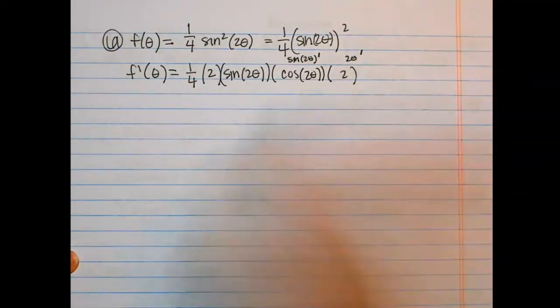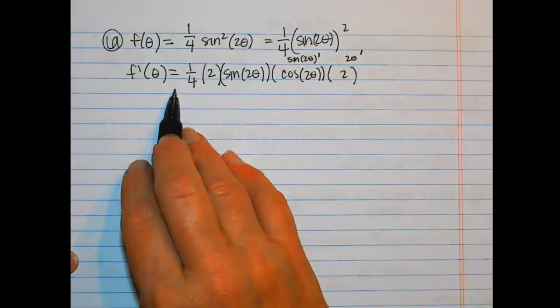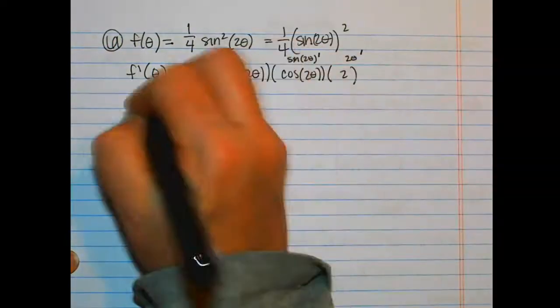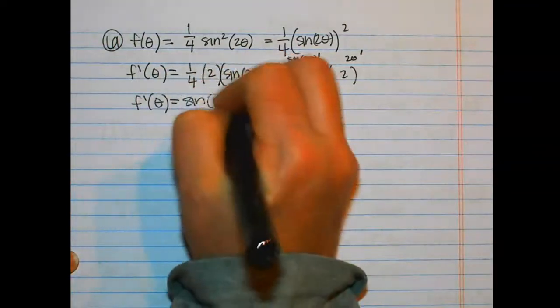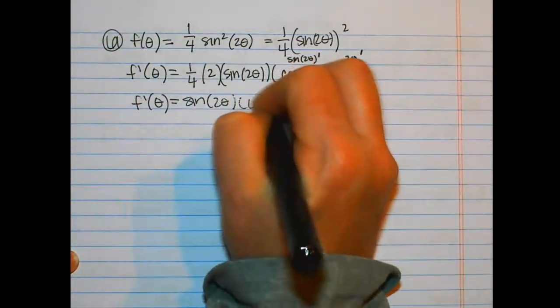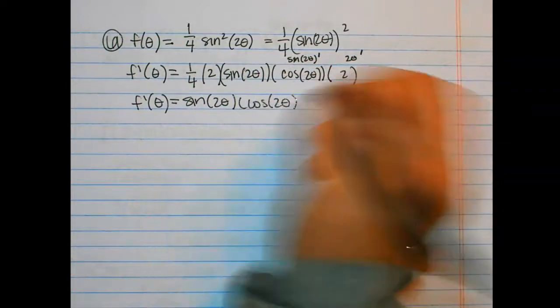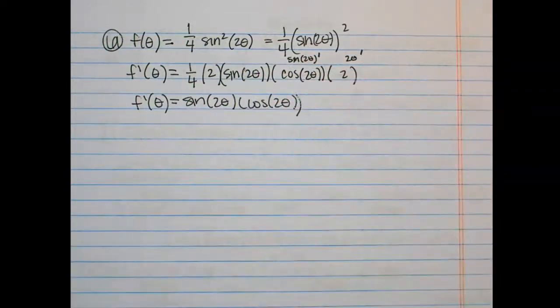Multiply all this out. We've got 2 times 2 over 4 is 1. So we end up with f prime of theta equals sine 2 theta cosine 2 theta. Got my parentheses right. The answer they have in the back of the book is an identity that goes with this, but we're just going to leave it like this. This is perfectly fine. Derivative for 61.